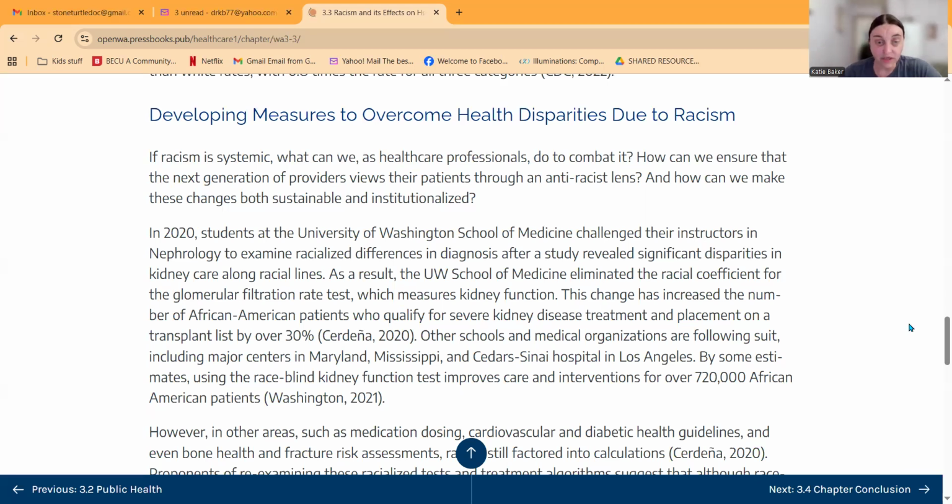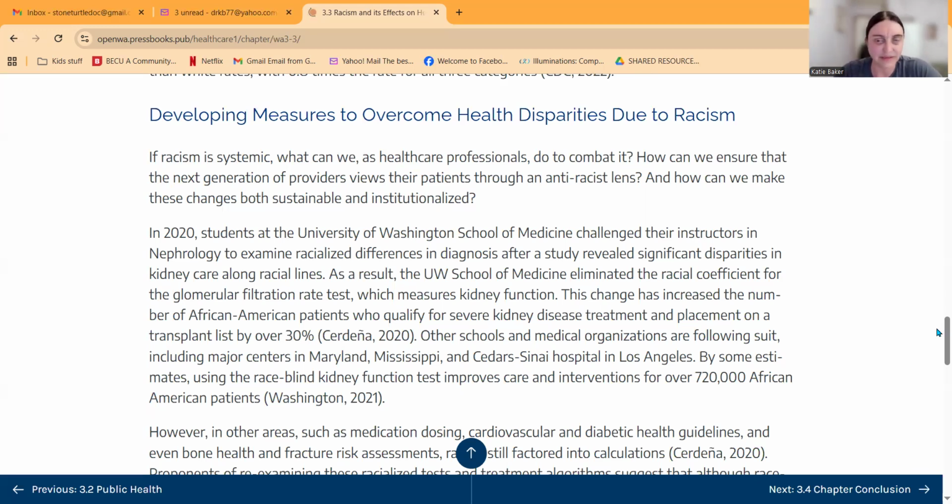So the University of Washington, major medical centers throughout the South, and Cedars-Sinai Hospital in LA have all shifted to a different kidney function test that does not include a racial coefficient. The key, I think, to underline for the students is that this was driven by student pressure.